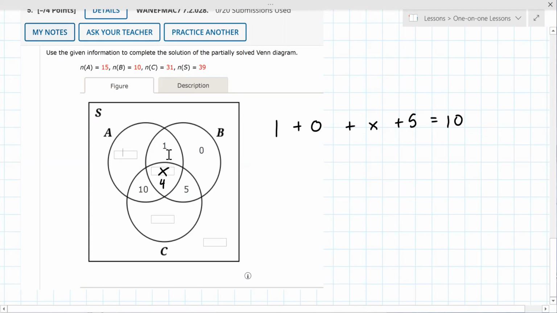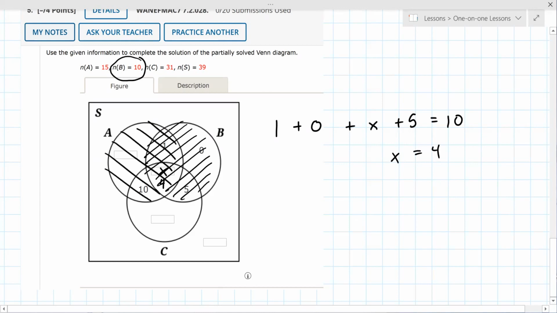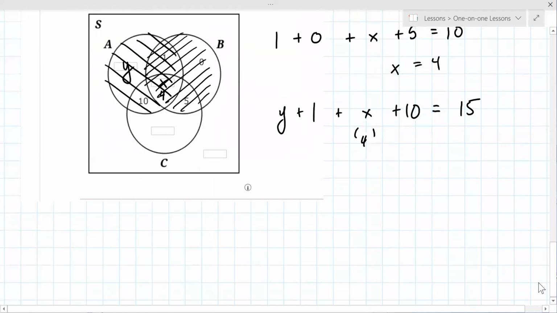B includes everything in this shaded region here. That's where you get the 1, the 0, the X, and the 5, and they have to all add up to 10 because it says so there. Oh, okay. So X has to equal 4 because that's the only way that works. A is all of these, and that's why I put a Y there. So it was Y plus 1 plus X, which is really 4, plus 10 has to equal 15. If you solve, Y ends up equaling 0.